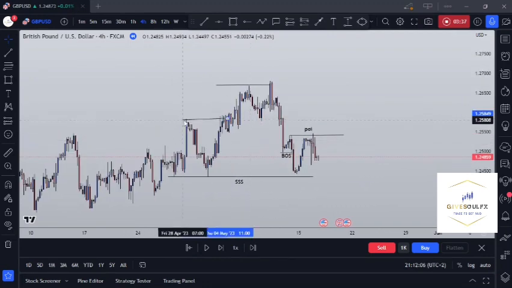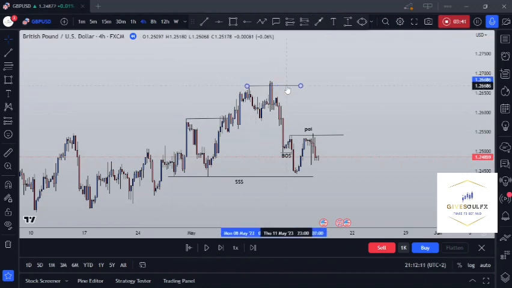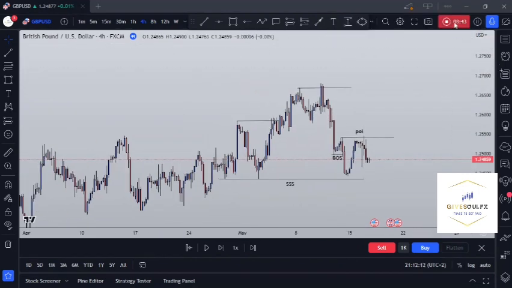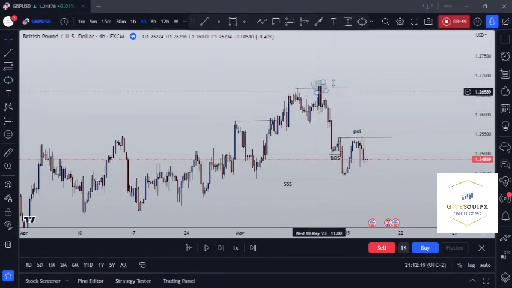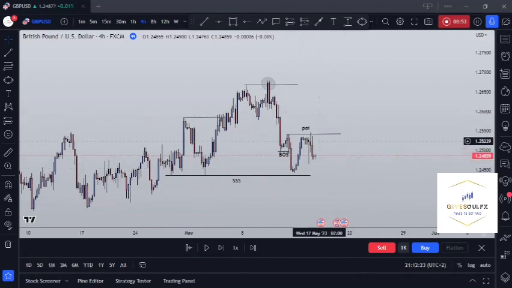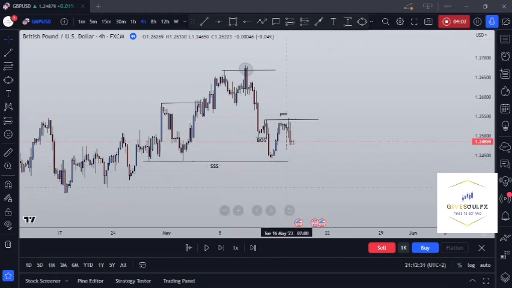And the equal lows. I'm not marking on my previous break of structures, I'm just marking here. That's why I say GBPUSD is a game of fake out. It's a game of manipulation. Look how price manipulates here, faking this move to the downside before coming back to the upside.